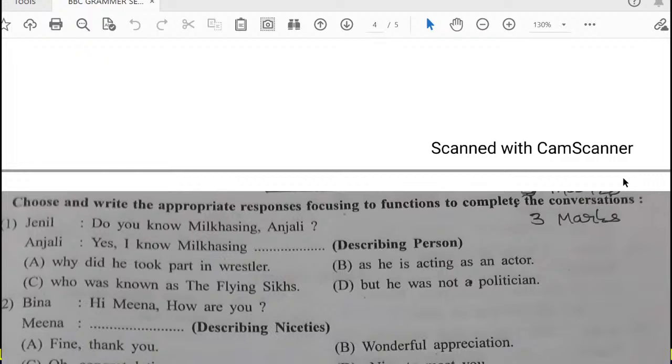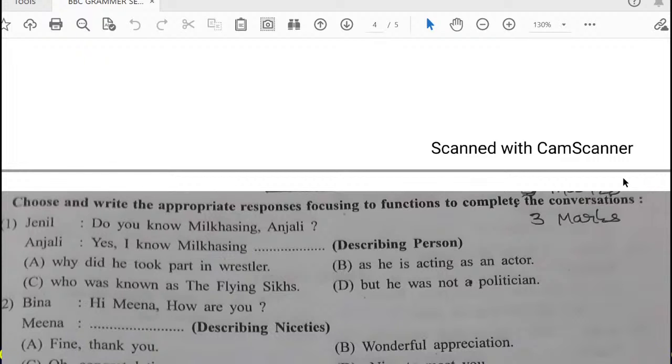Option A, why did he take part in wrestling? Option B, as he is acting as an actor. Option C, who was known as the Flying Sikh. And option D, but he was not a politician.